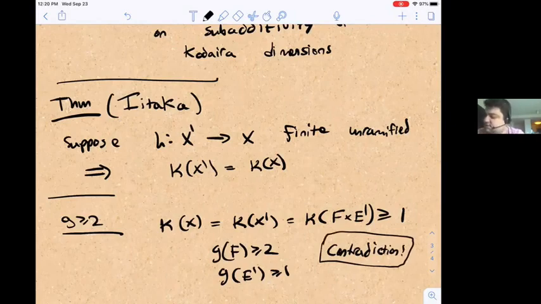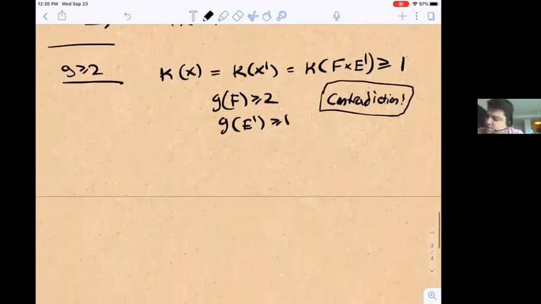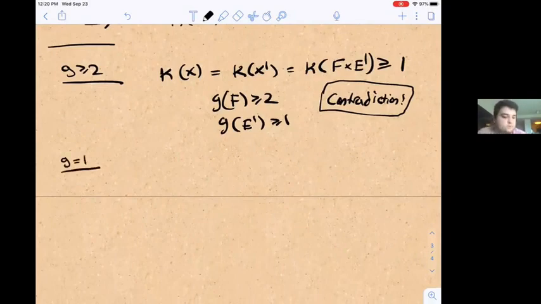And then in the other case, we compute with our push forward. So let's see. Yeah, let me draw this diagram again. We have our alpha prime.